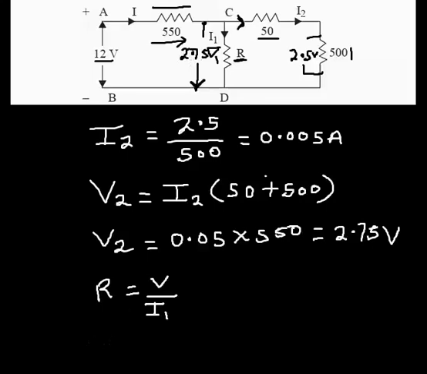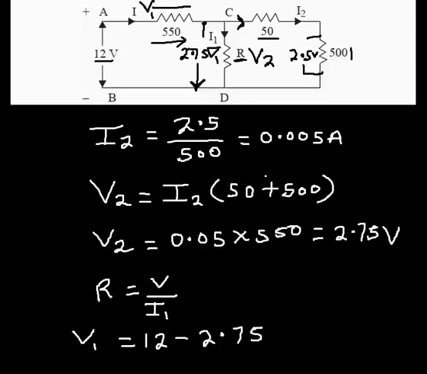Let me call the voltage across this 550 ohm resistor V1. Remember, the voltage across the R that we've calculated is V2, and that's 2.75. To get V1, all I need to do is subtract 2.75 from the total voltage. The total voltage is 12 volts.